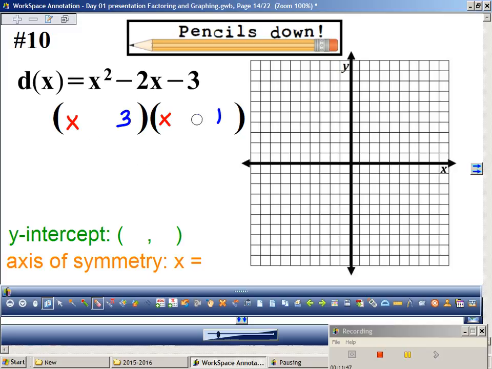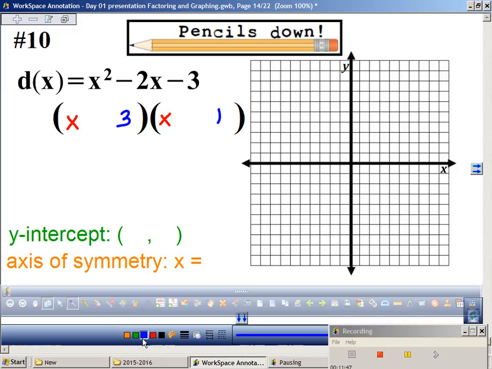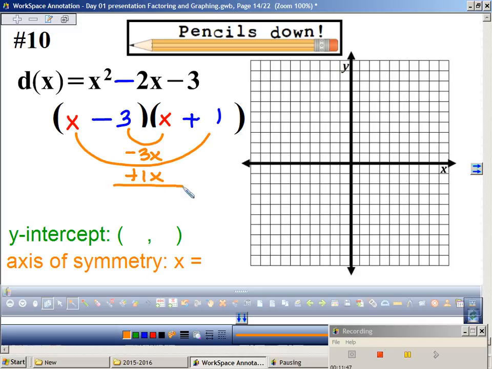If this is -2, that means the bigger one must be negative. If I'm going to result in a negative sign, then the bigger one needs to be negative. Now when I do my rainbows and checks, I get a -3x and a +1x, which combined makes -2x. That's what we have, bingo.